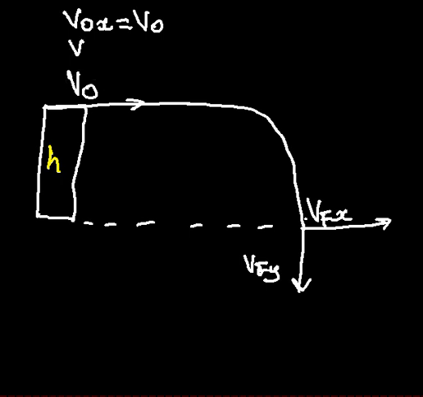And what is the initial velocity along y? It will be zero, because the launch velocity has no component along the y axis.